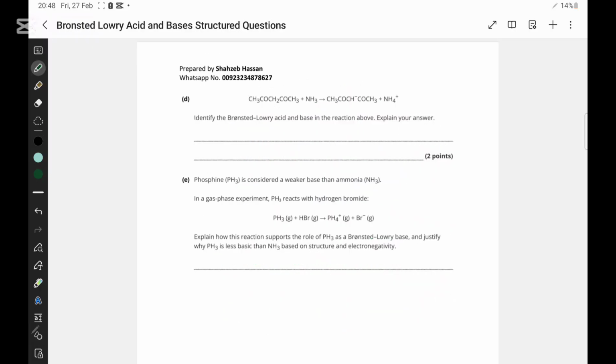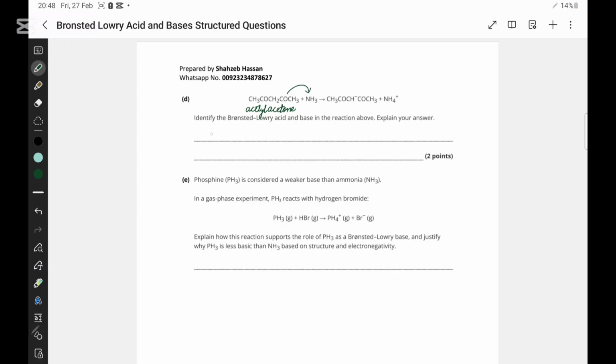So in this question they are saying identify the Bronsted Lowry acid and base. So this is first of all called acetyl acetone, and this is ammonia. So acetyl acetone is basically donating a proton to ammonia.